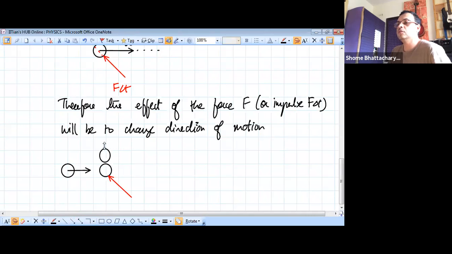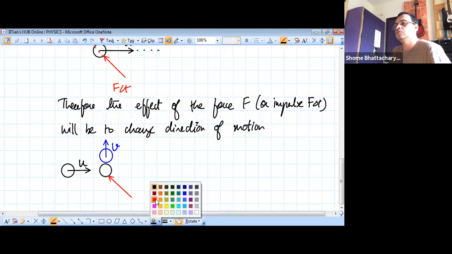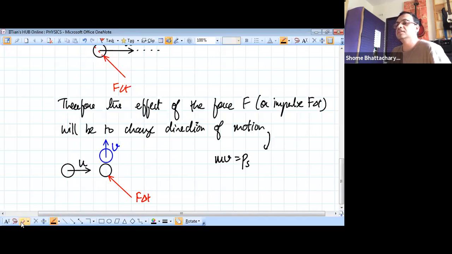So the final velocity of the ball will definitely change direction as a result of this. That is the initial. You can see that as a result of the direction of the impulse being in a different direction, not along the same line as the initial momentum, the final momentum mv has a different direction compared to the initial momentum, which was mu.